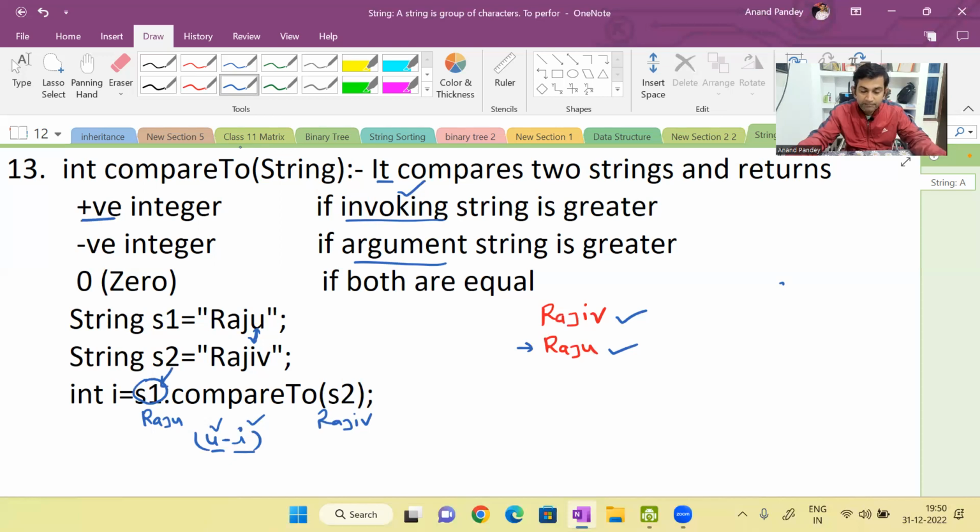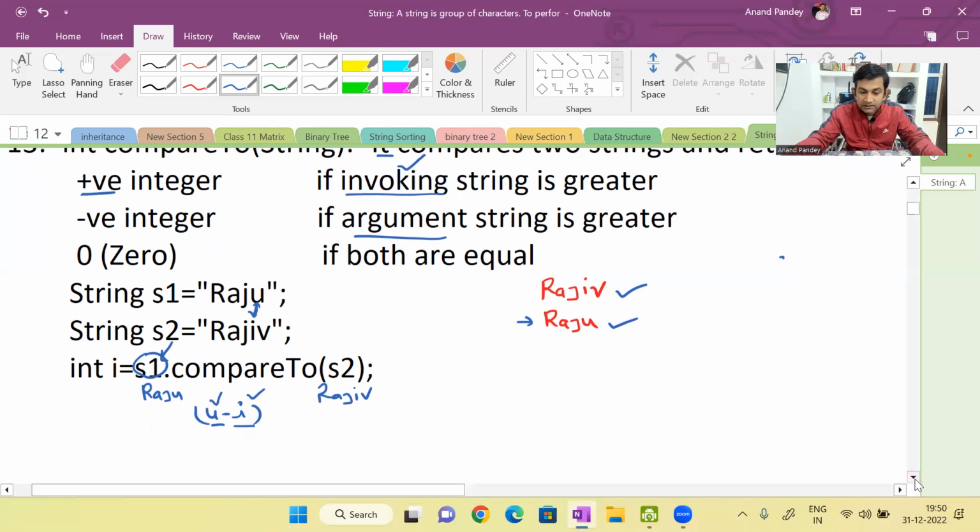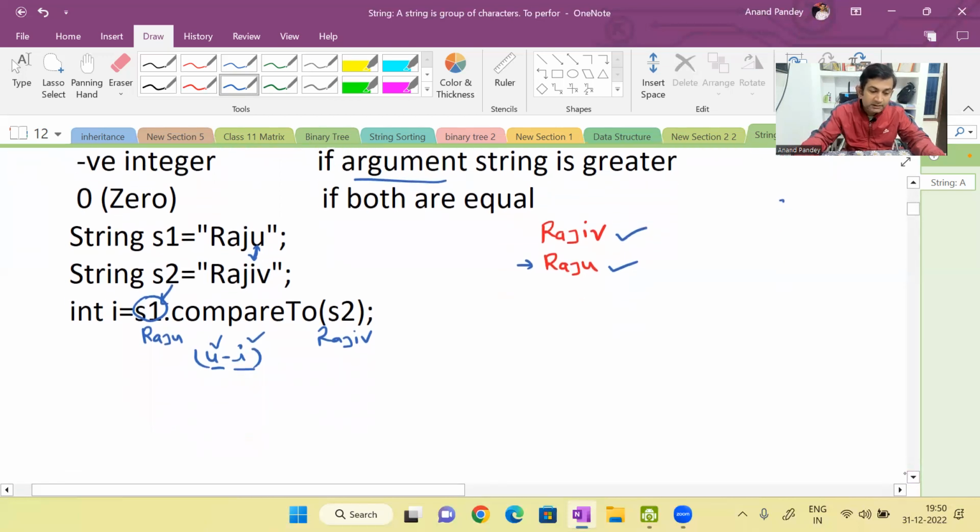U is greater than I, so Raju is greater than Rajiv. Got it? So this function returns a positive integer, the difference of the ASCII values of U and I. If you go through the ASCII table, small a to z is 97 to 122.